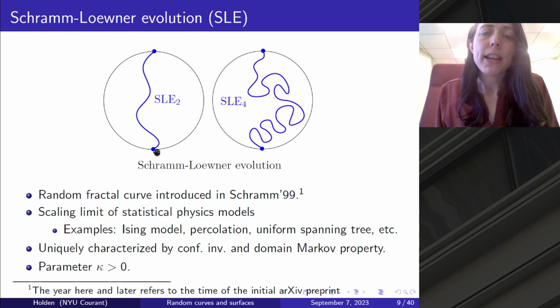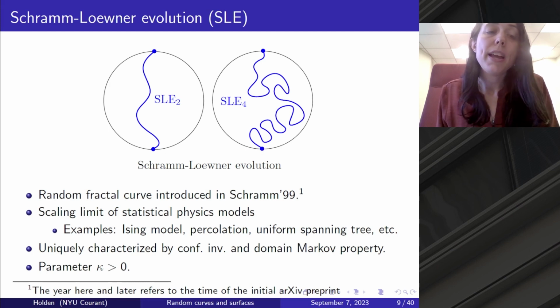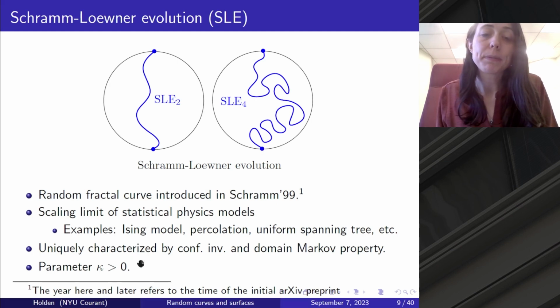In the figure, I have sketched SLE for kappa equals 2 and kappa equals 4, and the parameter kappa is governing how windy or fractal the curve is. As we increase the value of kappa, the curve is getting more and more windy and fractal, while in the limit as kappa goes to 0, the SLE is deterministic.